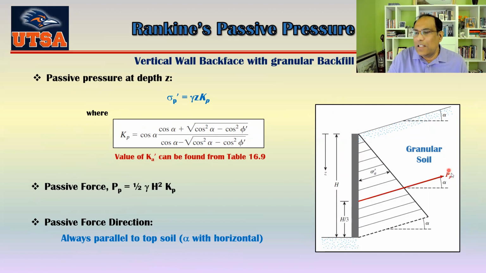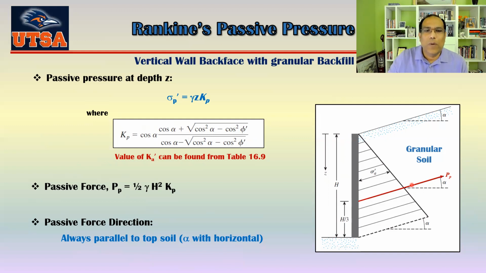And you can see this passive pressure is the wall creating pressure towards the soil. That's why the soil is reacting. Why is this wall trying to create pressure on the soil? Because of the movement of the wall towards the soil, because of some external forces, like traffic forces, which is mostly common.